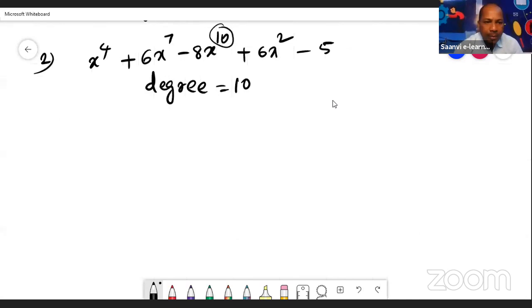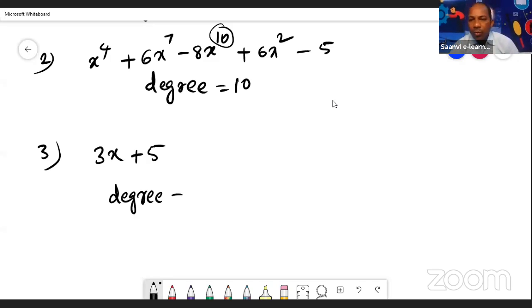Now let us see one more example. 3x plus 5. Here what is the degree? See the highest power. Here x has no power written, so you have to imagine 1.